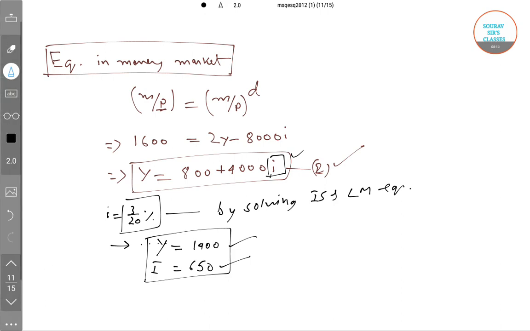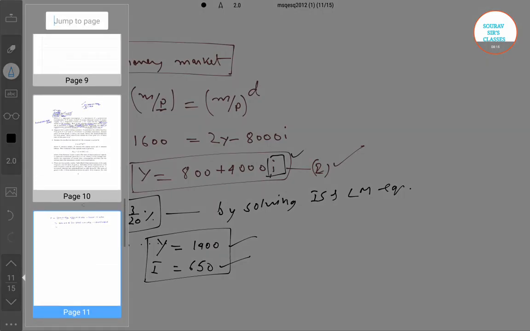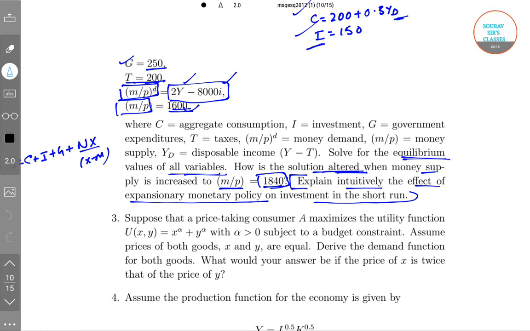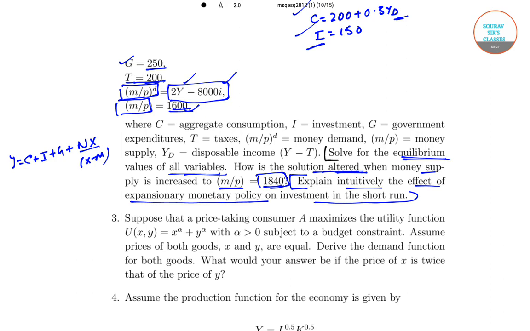So now we'll go to the second part of this question. If we solve for the equilibrium values of all variables, then how is the solution altered when money supply is increased to 1840?